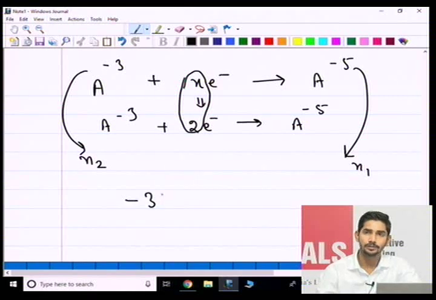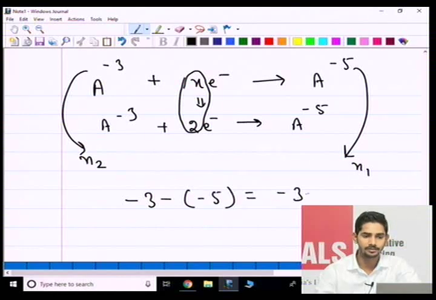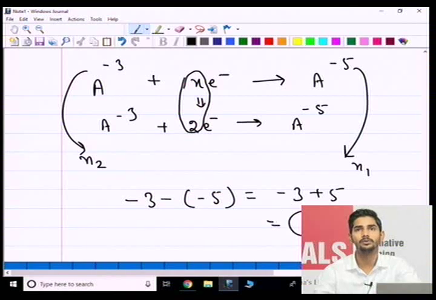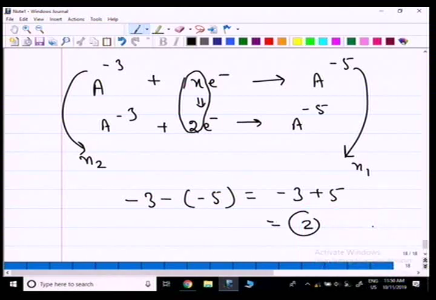If I subtract -5 from -3, this is -3 plus 5, and this will come out to be 2. See, this is your N2 and this is your N1. Now clear?